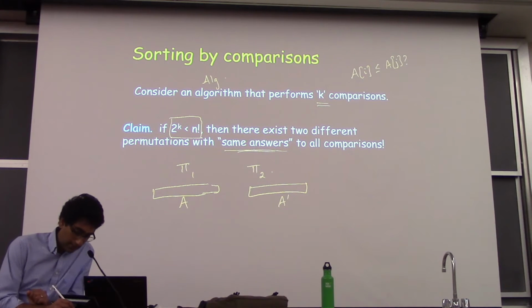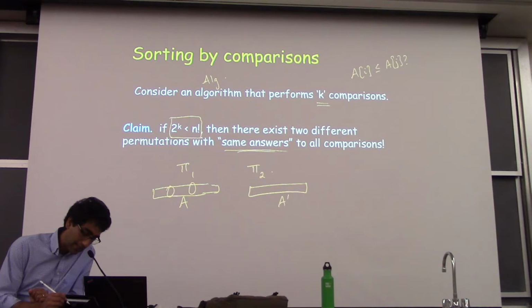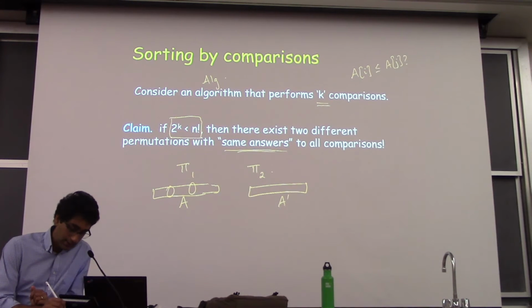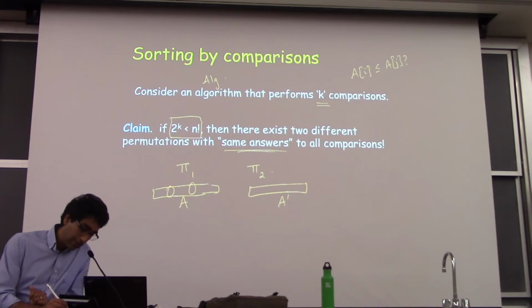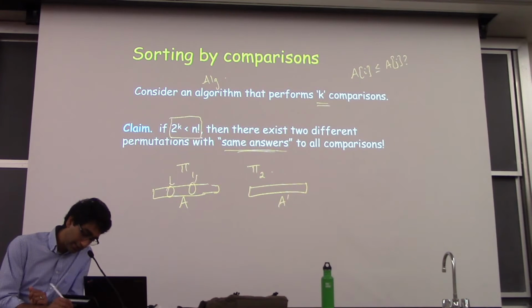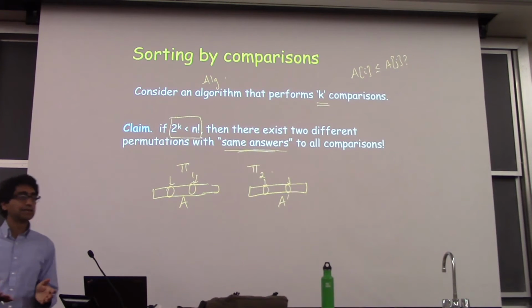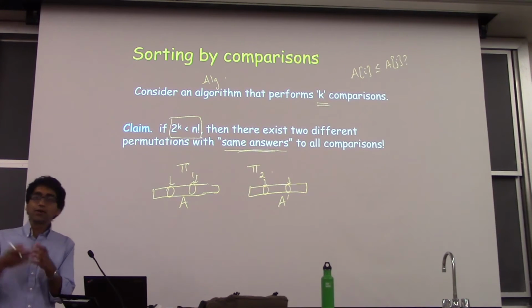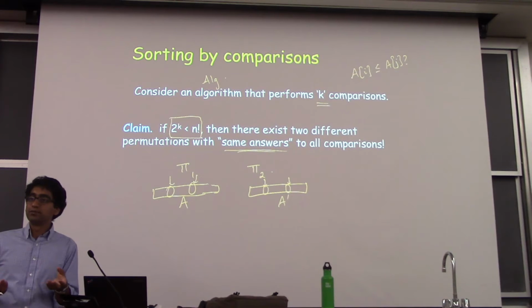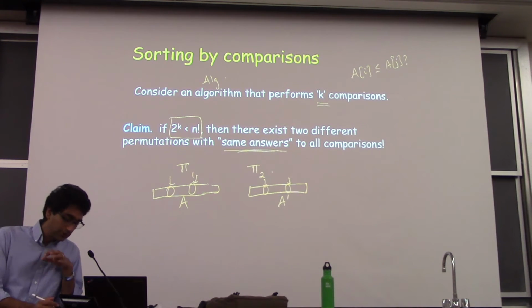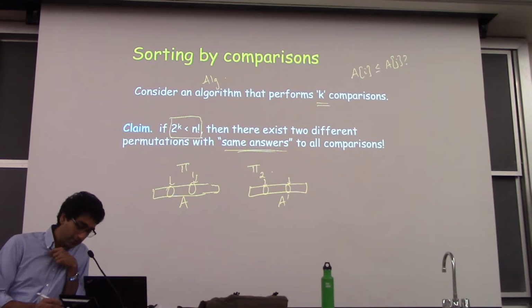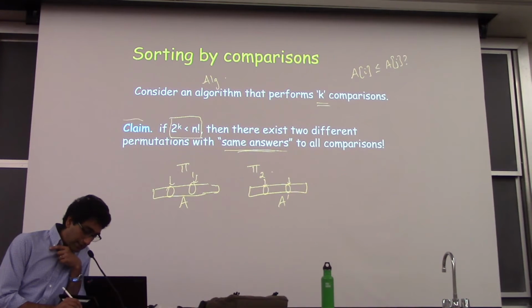Imagine running this algorithm with these two inputs, and suppose I get exactly the same answers to its queries, is a i less than a j. Then the algorithm should do the same thing on these two arrays. That is what we'll use, but first, let's prove this claim.